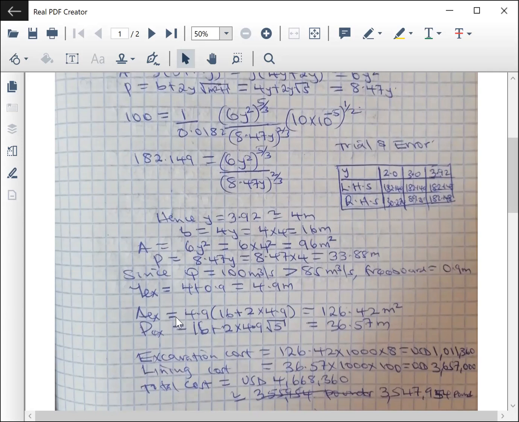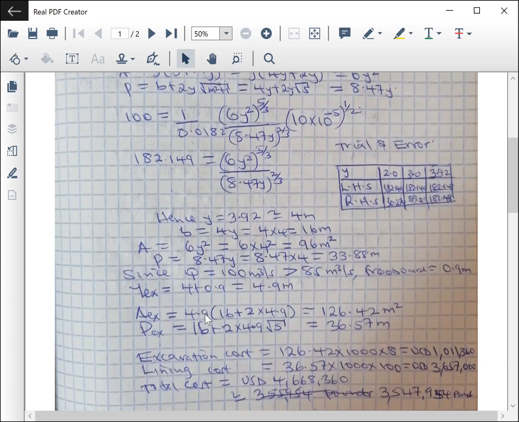Then excavated area. Remember, excavated area will be equivalent to y, the excavated depth, into b plus 2y, where b is 4y.